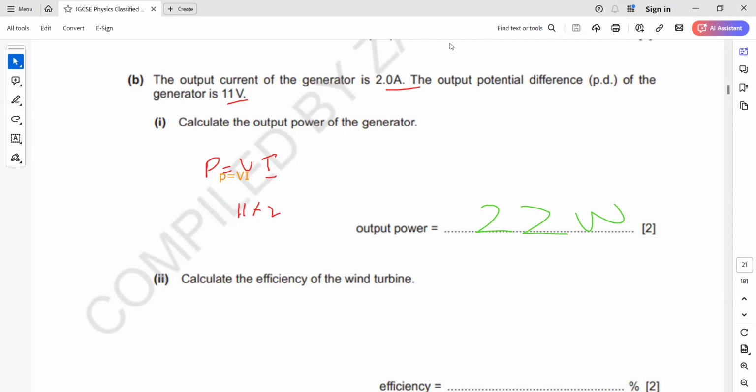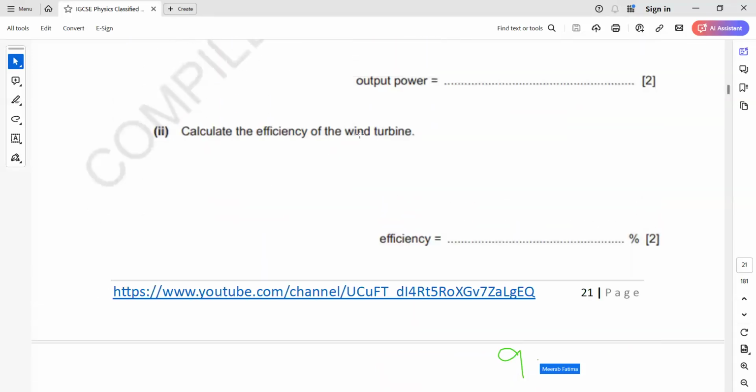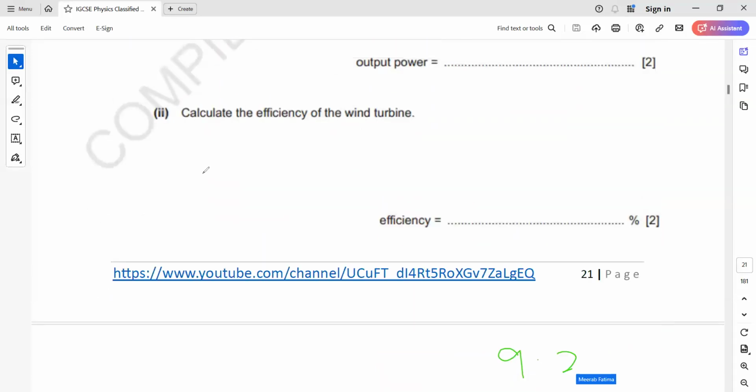What about the efficiency? Efficiency can be in terms of power. It can be in terms of energy as well. So in this case, efficiency is useful power output divided by total power input multiplied by 100.